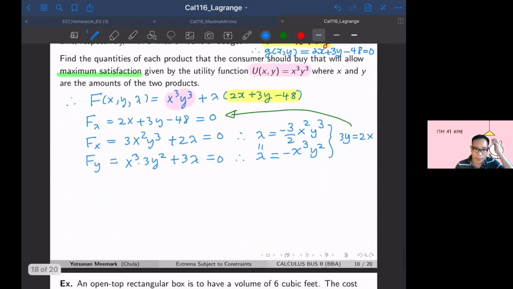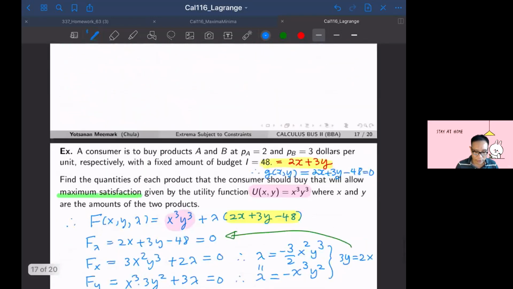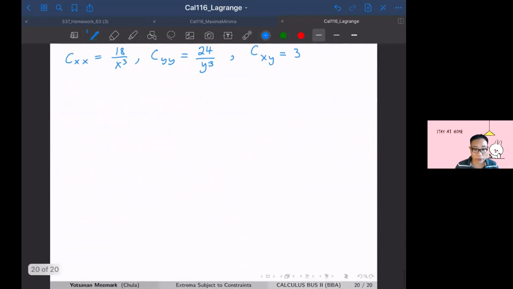I'll let you do these 3 questions, and during the recitation, I will give you the solution and conclude everything for you again. So that's all for this week on the Lagrange multiplier function.